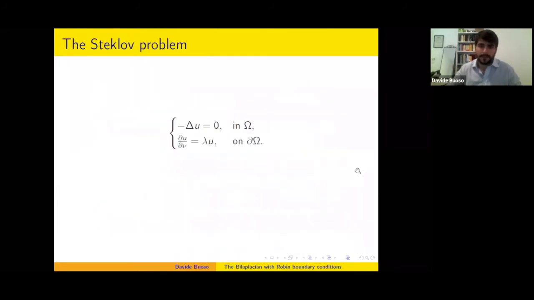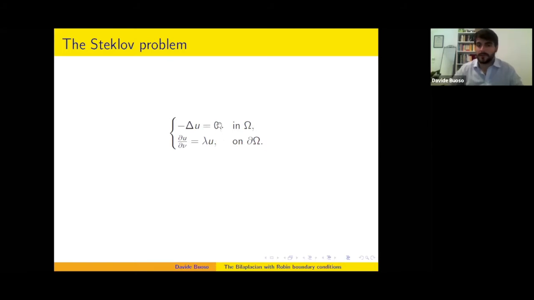And another interesting thing is the relation between the Robin problem and the Steklov problem for the Laplacian. So just to recall, the Steklov eigenvalue problem for the Laplacian is a somewhat strange problem with respect to the others, where the eigenvalue is on the boundary, not in the interior of omega.